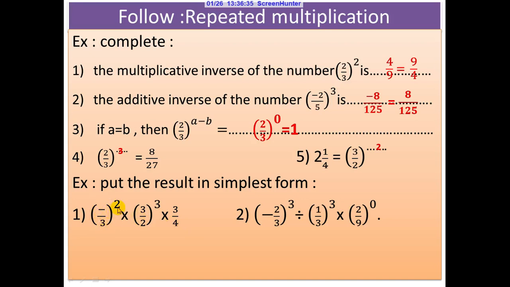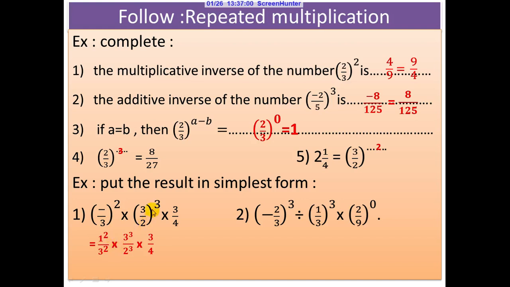By distributing power 2 above negative 1 over 3, we cancel the negative here. Why? I told you before, when we have an even power, we can cancel the negative. So by distributing power 2 above 1 and 3, it will be equal to positive 1 raised to power 2 over 3 raised to power 2.